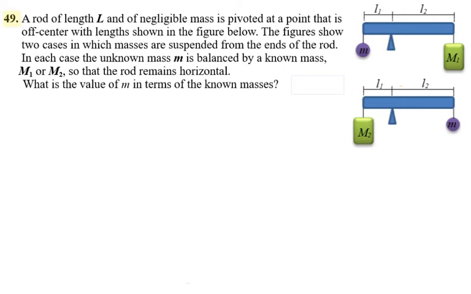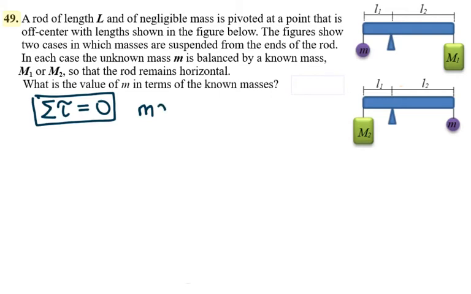So I'm going to use the concept of rotational equilibrium. So the sum of the torques in the first picture and the second one is going to be equal to 0. So for each one, I'm going to use this concept. For the first one, I have m, and it would make the bar or the lever rotate in the counterclockwise direction, if the other mass m1 wasn't in the picture, so it's positive.